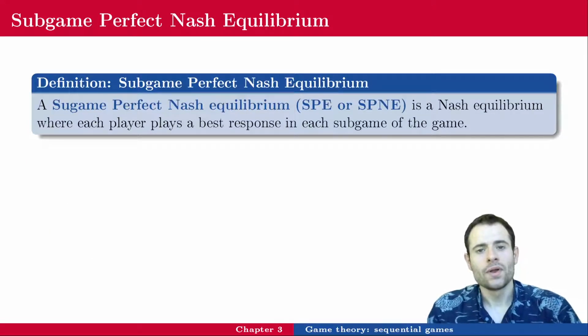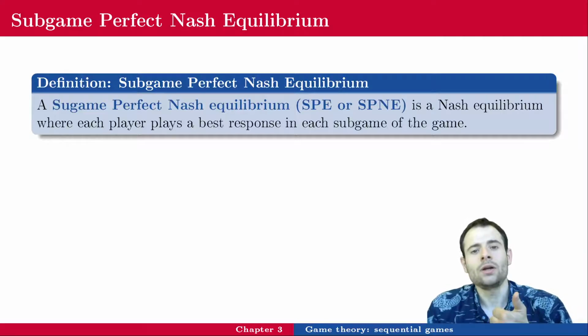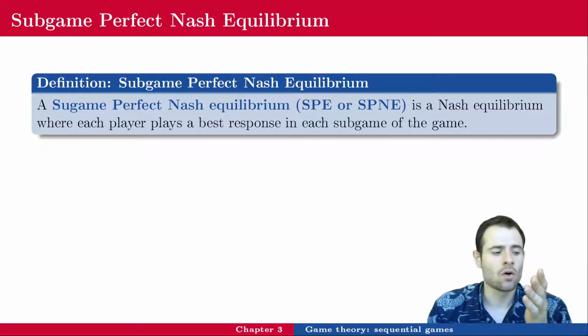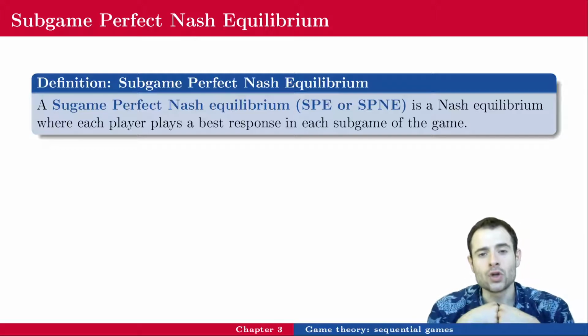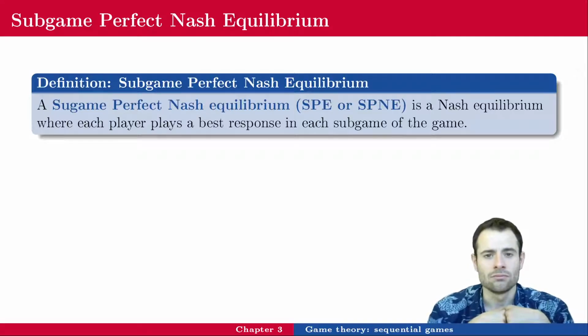So, we talked about Nash equilibria so far in pure strategies or mixed strategies. Now, I'm going to introduce a new notion of Nash equilibrium called subgame perfect Nash equilibrium, SPNE or SPE. You might see both in tutorials or exams.